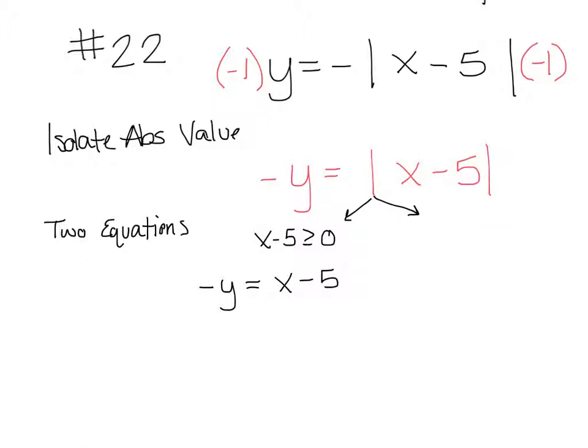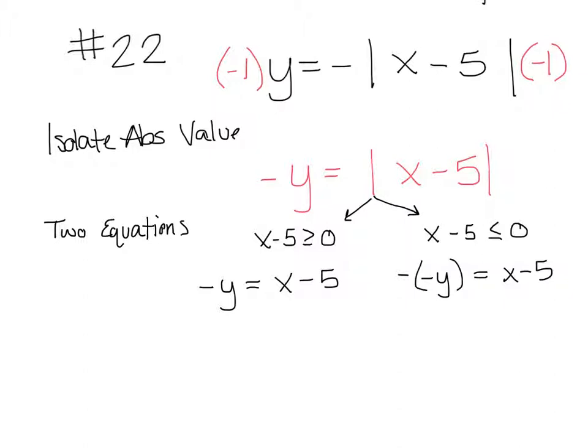Then we'll have the one for when the absolute value is negative, and what will that one look like? Negative times negative y. Very good. And what will the other side be? It's just x minus 5. Good. Remember, I'm doing this with you, not for you, so you got to help me out.